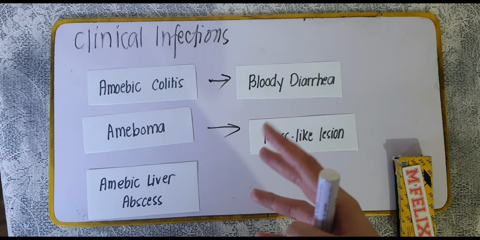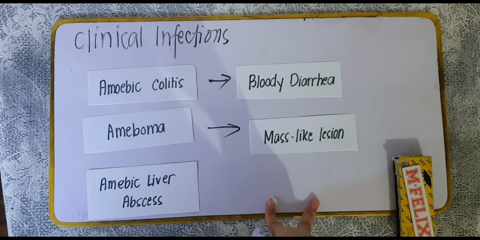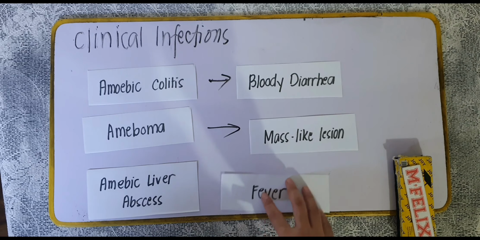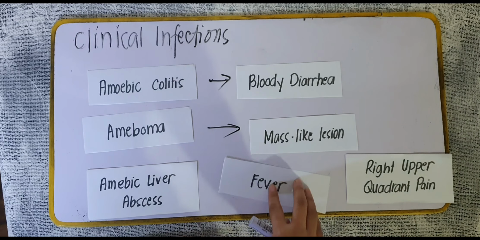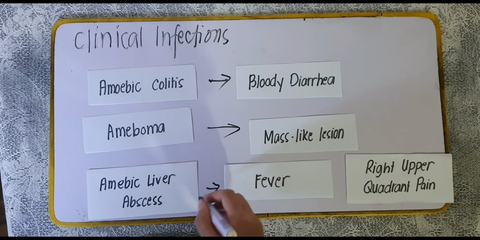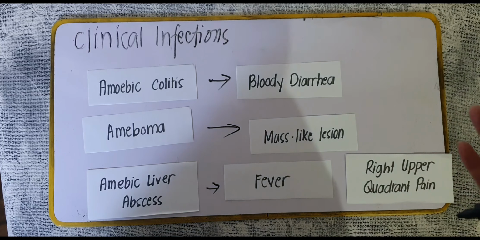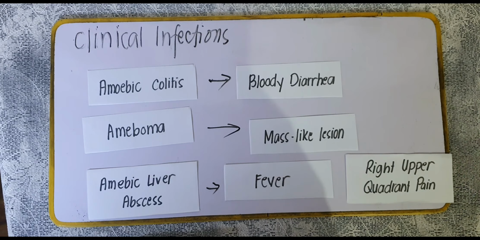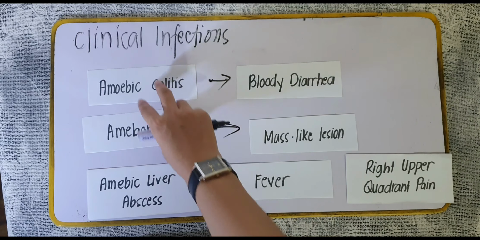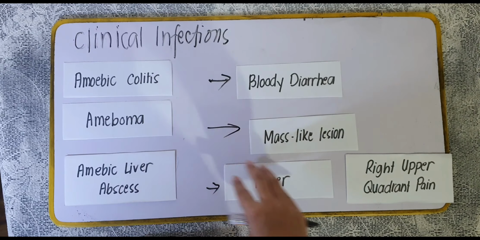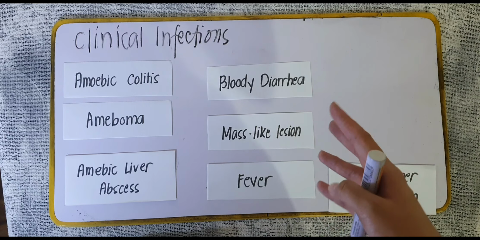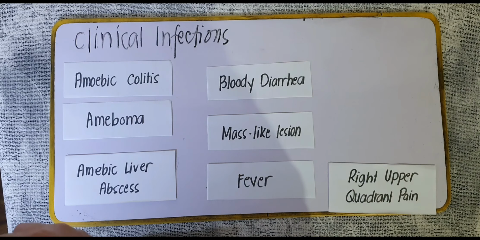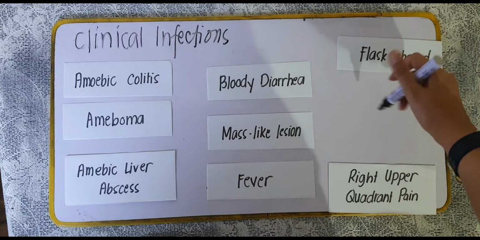The cardinal manifestations of amoebic liver abscess include fever and right upper quadrant pain. Now, important notes to remember in our amoebiasis: the invasion of the trophozoites will produce the characteristic flask-shaped ulcers.